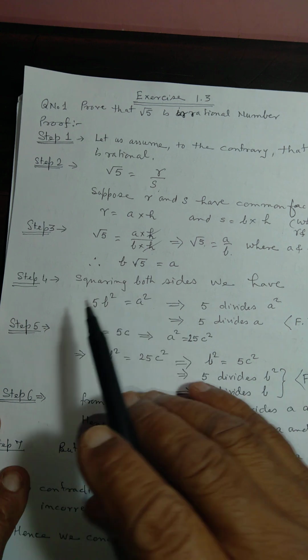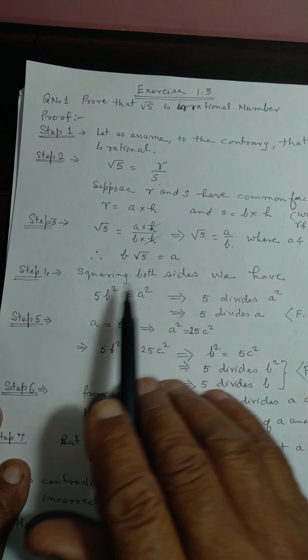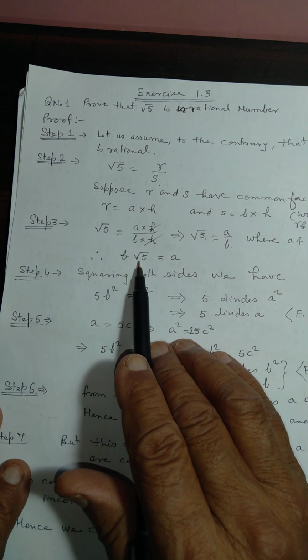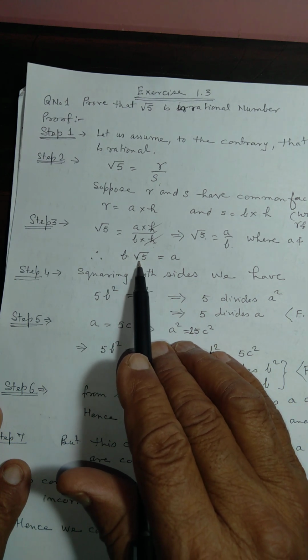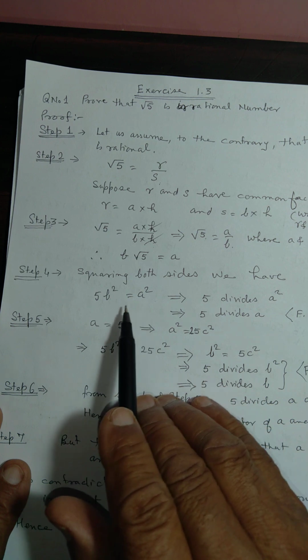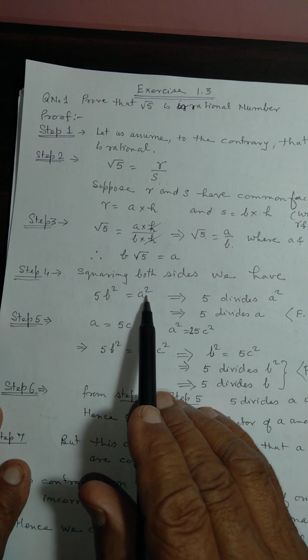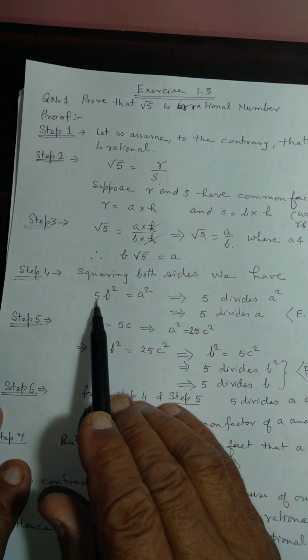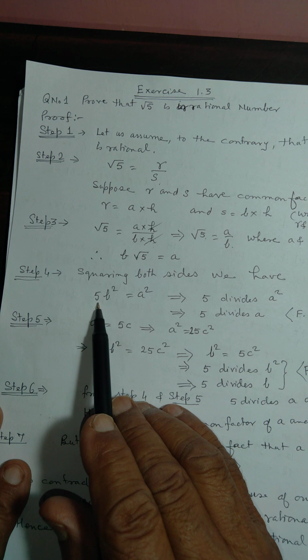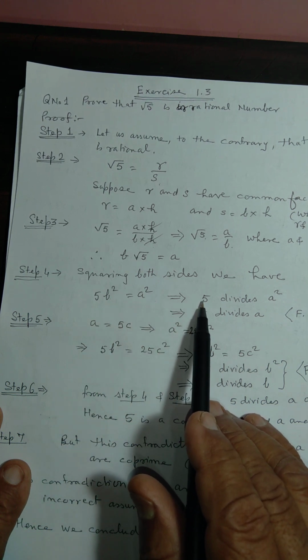Now, in the fourth step, squaring both sides. If you square it, the root will be removed. So we get 5b square, and on the right hand side we get a square. Now you see, a square is the product of 5 and b square, meaning 5 is a factor of a square.